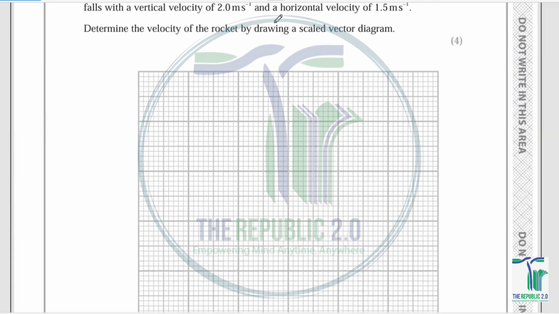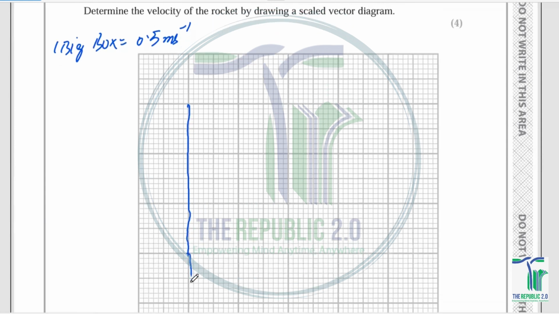So first of all, we've got 2 meters per second, and I'm supposing that one big box represents 0.5 meters per second, right? So I'm just going to draw a line, and since the body is moving downward with a velocity of 2, that is 1, 2, 3, and then it's going to be 4.